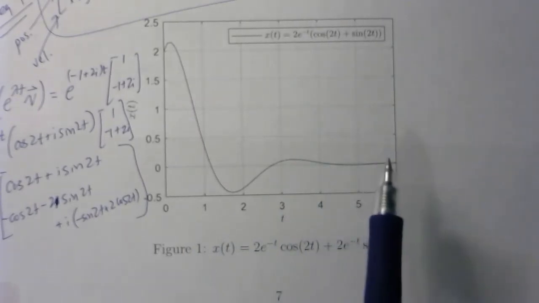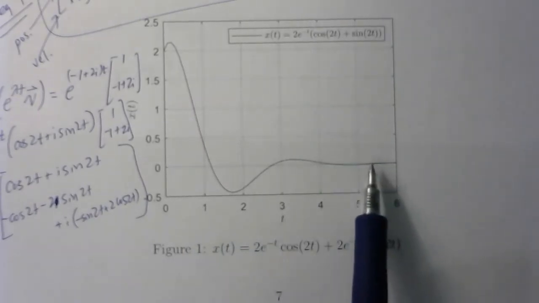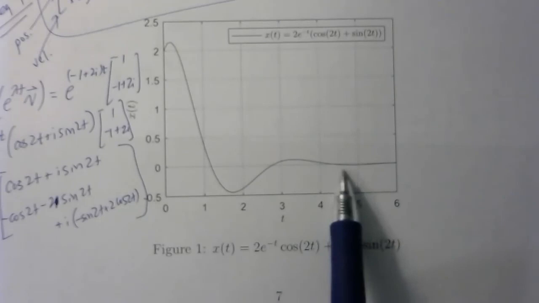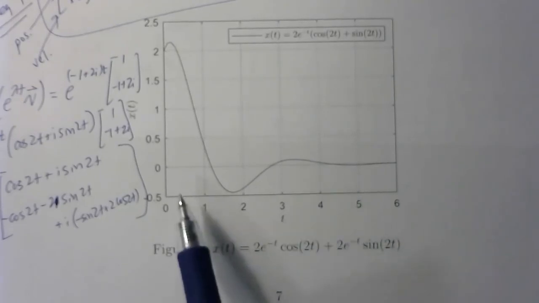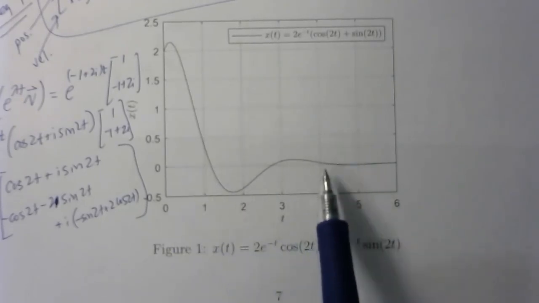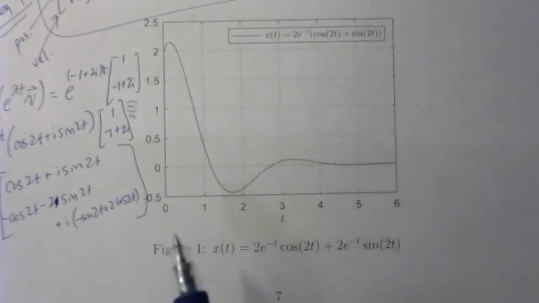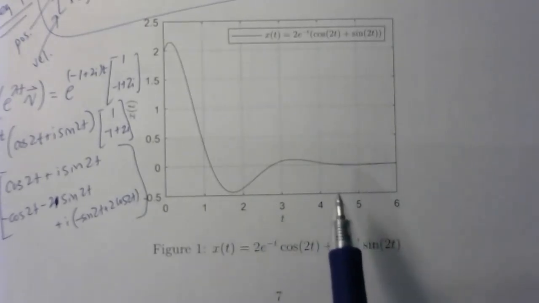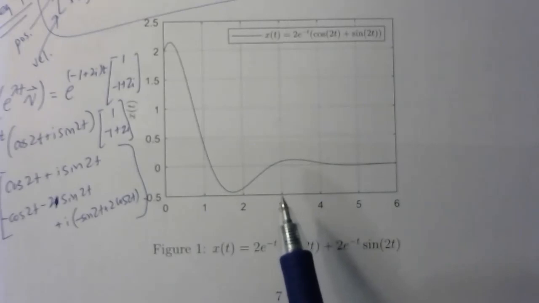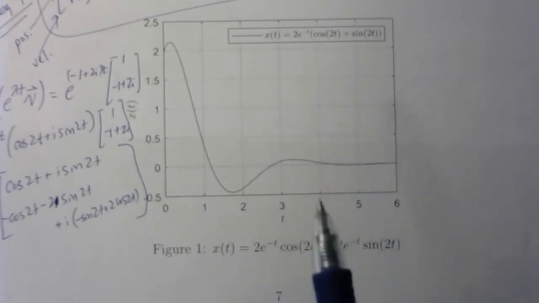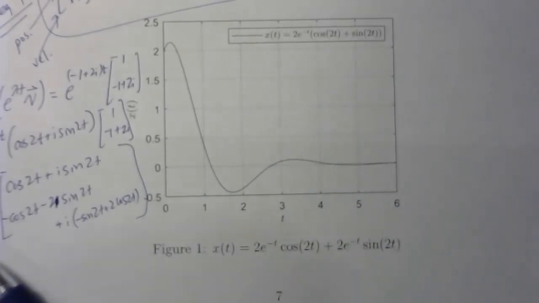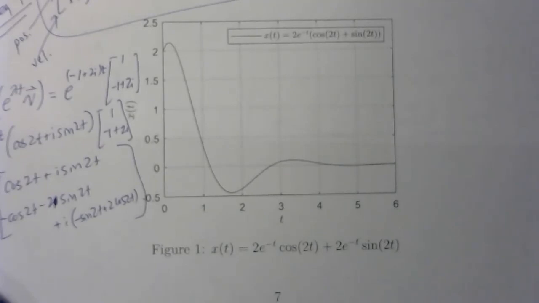I get some oscillation, and it slowly, maybe not so slowly, peters out to nothing. Right, it's got a big up, a little down, a little up, and then looks like it's pretty flat. So this looks like the motion of a damped oscillator. Okay, great. I'm going to stop the video here and then we'll do one more example in the second video.